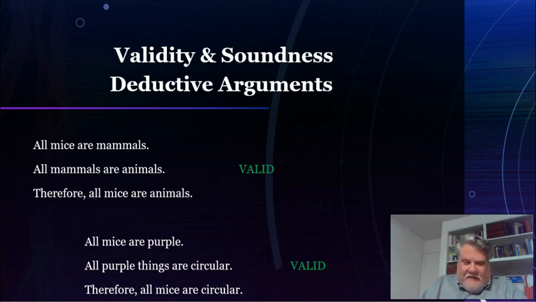It's the exact same structure that you see above. And validity has to do with the structure of an argument. So one of the things that has to be the case for a deductive argument to be a good one, to give us certainty, is that it must be set up correctly. It must be valid. But that's not the only condition. There is another condition.